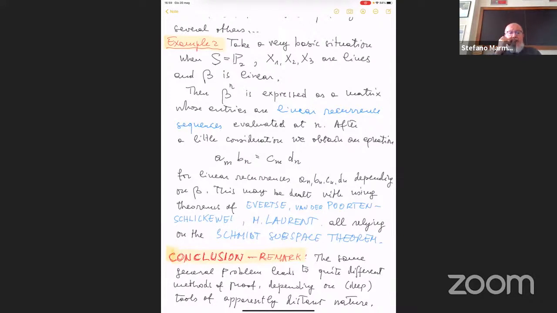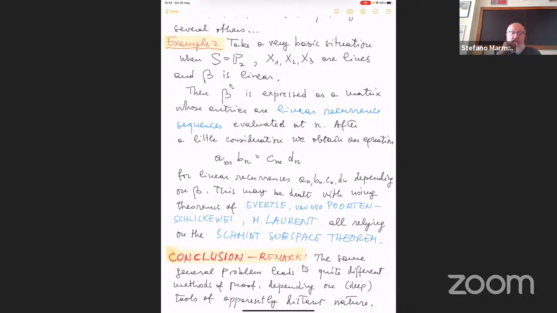And so the entries of this matrix become linear recurrent sequences evaluated at n, the parameter expressing the iteration. And if one formulates it, it is easy to do a little consideration. We obtain the equation that you see displayed.